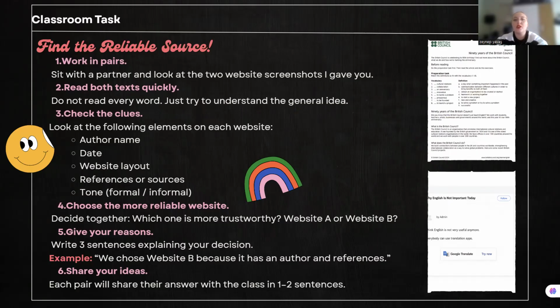Then decide which website is more reliable. Write 3 sentences explaining your choice. And finally, we will share answers as a class. My aim in this practice, the focus is on cognitive digital literacy. Students learn how to evaluate the credibility of online information. You can see the screenshots I use.